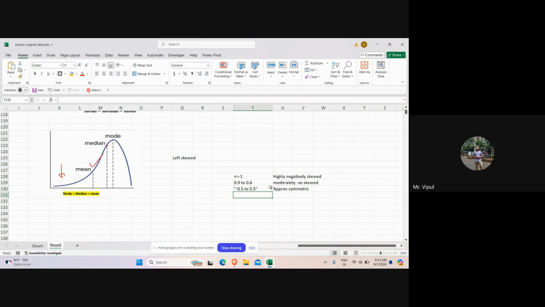Then if it is 0.6 to 0.9, it is moderately positively skewed. If it is greater than or equal to +1, it is highly positively skewed. Right?